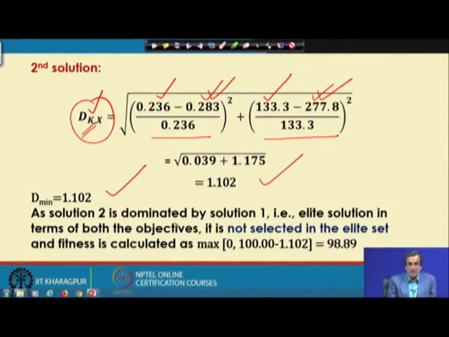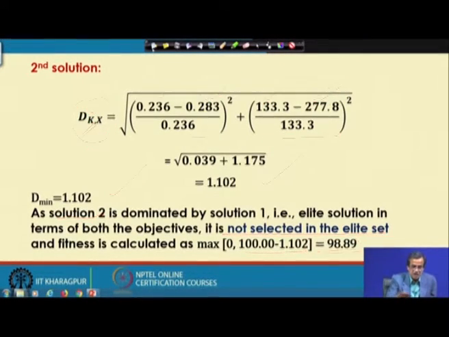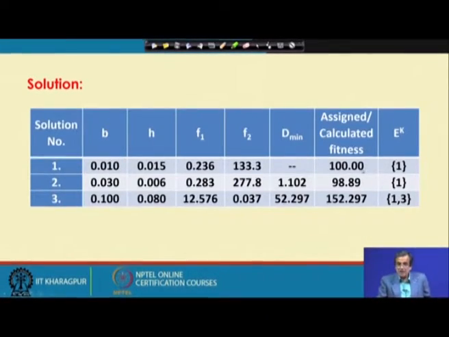Now, as solution 2 is dominated by solution 1, the elite solution in terms of both the objectives, solution 2 is not selected in the elite set, and its fitness is calculated according to the rule of DPGA, that is the maximum between 0 and the fitness of the non-dominated solution, 100.00, minus this d minimum 1.102, that is 98.89. That is the calculated fitness.